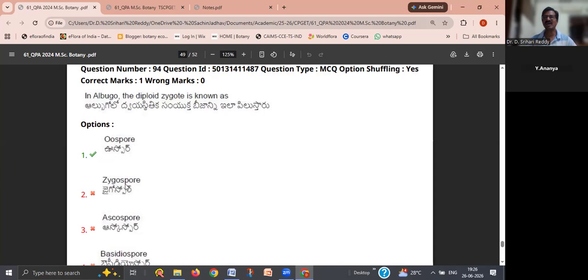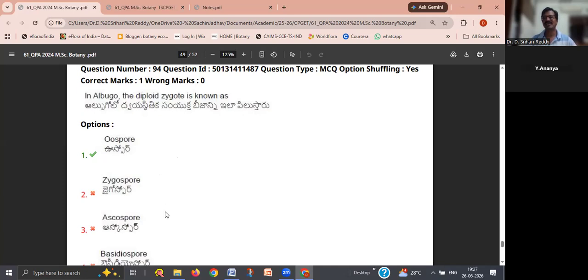And in the case of Mucor, for example, in the Zygomycotina or Zygomycetes, the diploid zygote produced is called zygospore. And another one is ascospore. Ascospores are produced in the Ascomycetes.